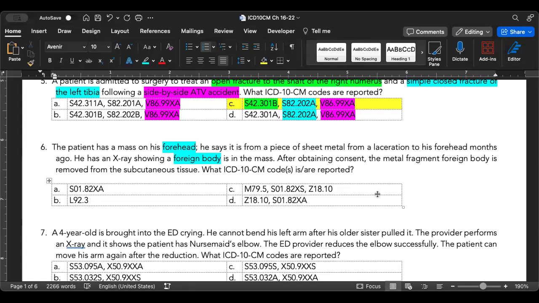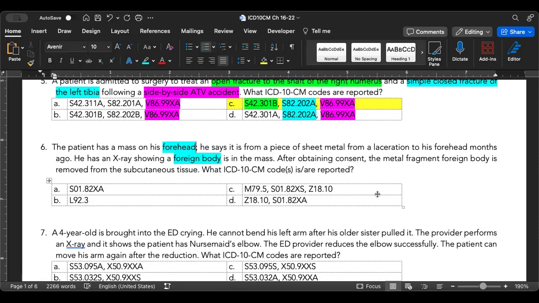So we'll go to main term retained. Does everybody see that where it's telling us to go see that retained entry? So it's a retained foreign body and it is fragments. And it is of metal.